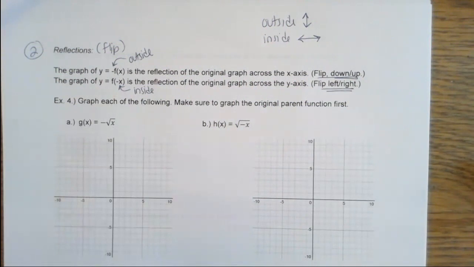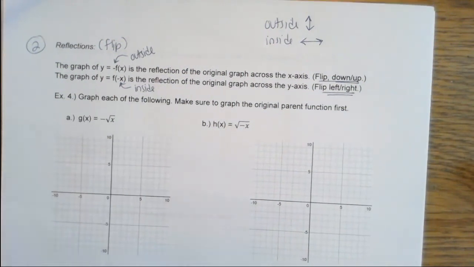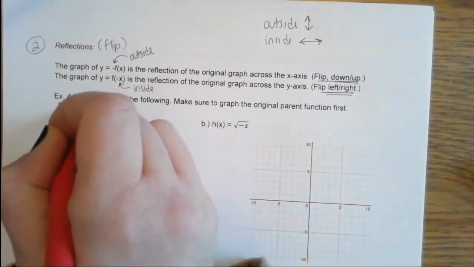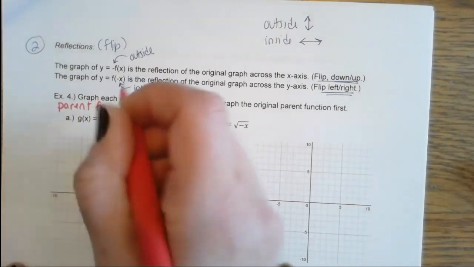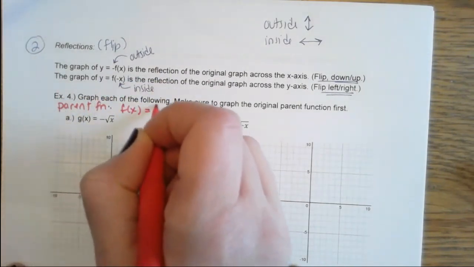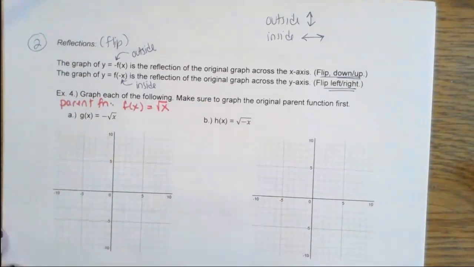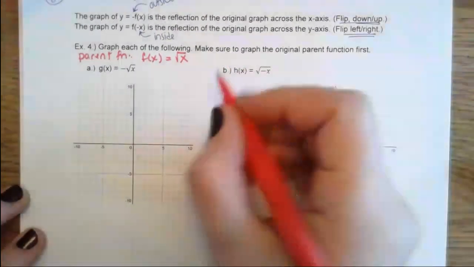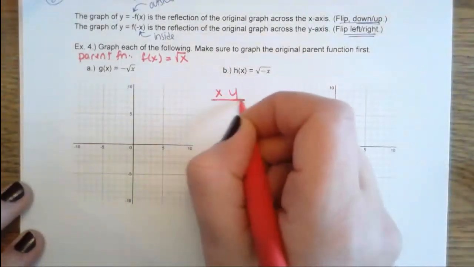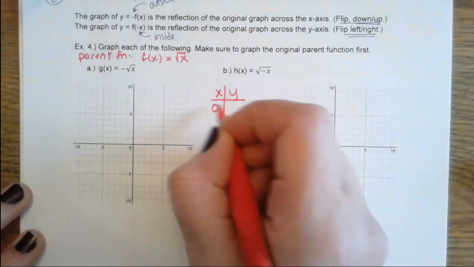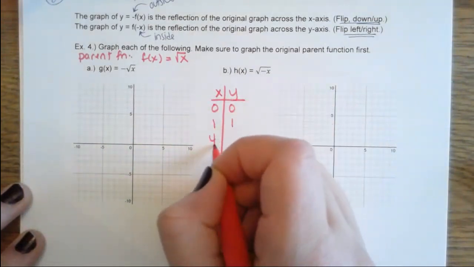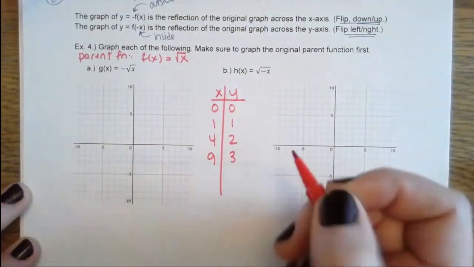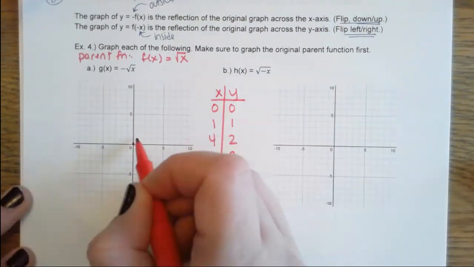So here we have that same parent function from the page before. And again, it does help to just have that written out. So I'm just going to leave it in red. So let's see, I had (0, 0), (1, 1), (4, 2), and (9, 3) as my base function.